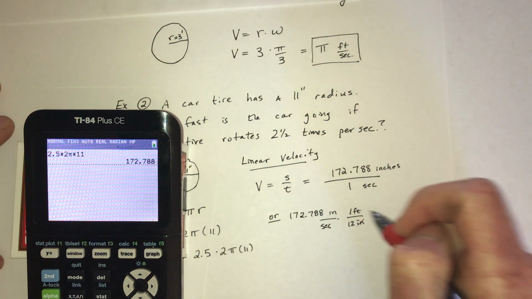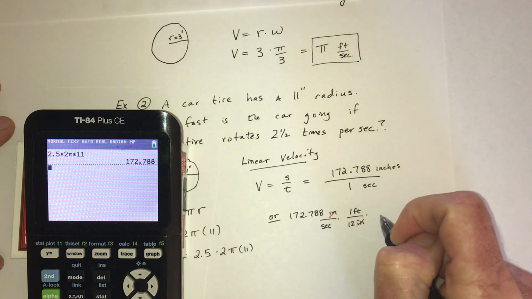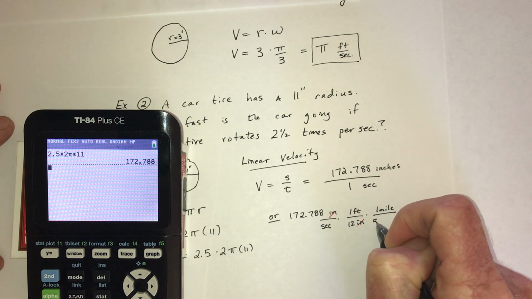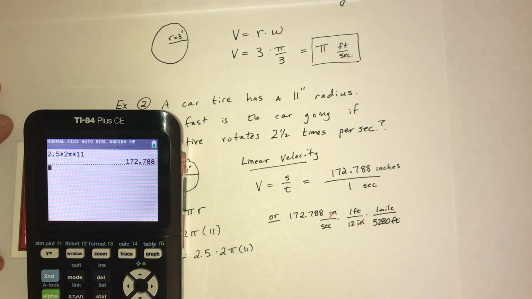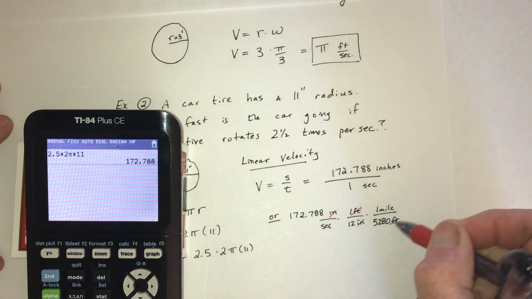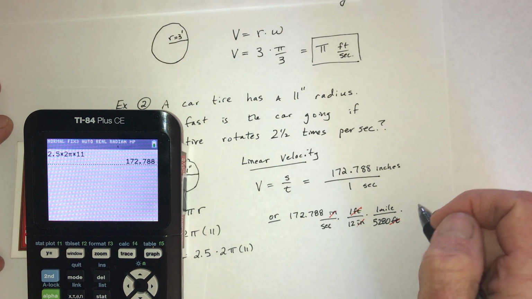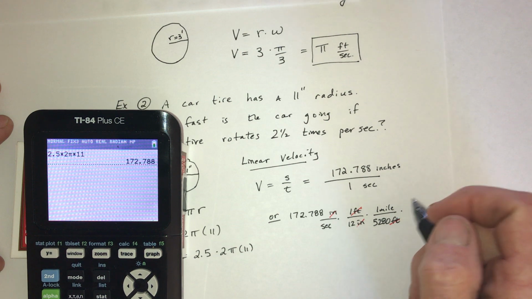And then, time for the red pen, inches cancel. And for every 1 mile, there's 5,280 feet. And black pen, red pen, those cancel. And then for seconds, well, there's 60 seconds in a minute, and then there's 60 minutes in an hour.